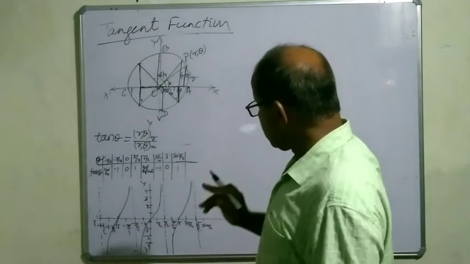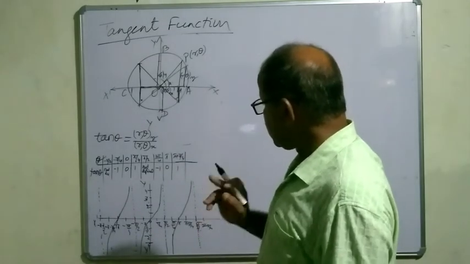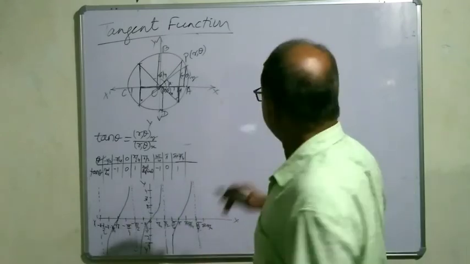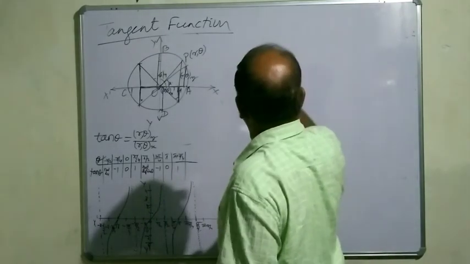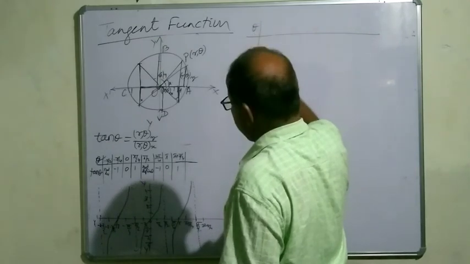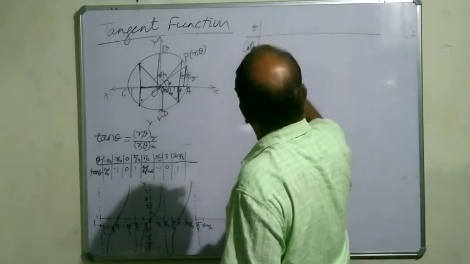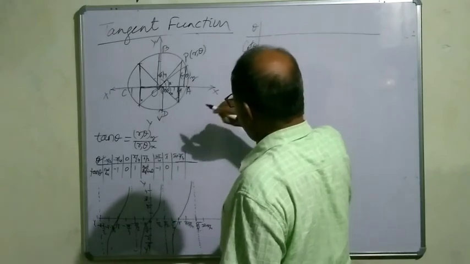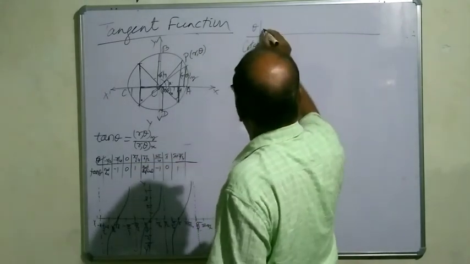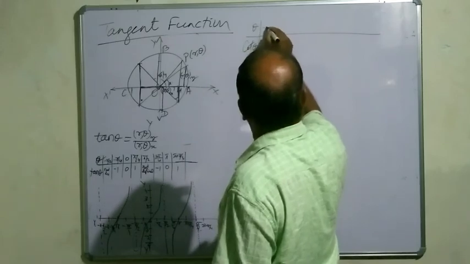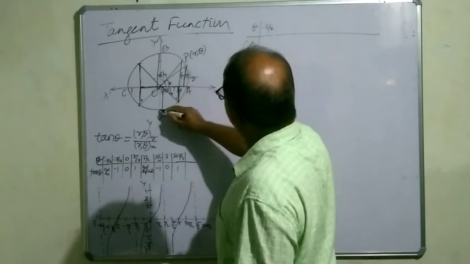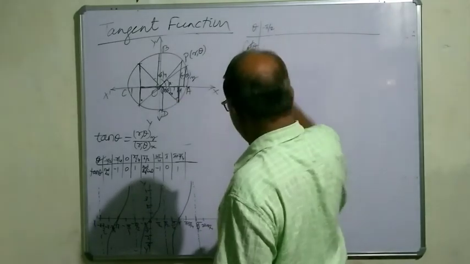Similarly, the cotangent function. For the cotangent function, the curve will be something different, right? Suppose, yes, if you take the same points, theta, cot theta, when you see the points minus pi by 2, I have taken minus pi by 2, it is not defined, but here cot theta, what is cot theta?